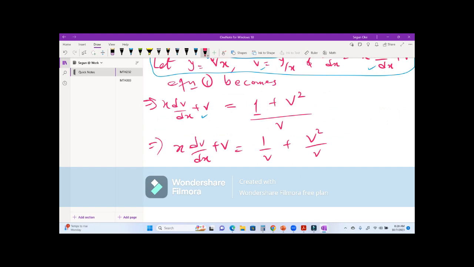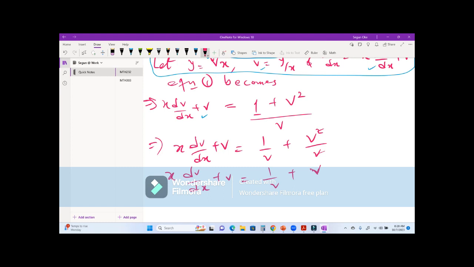It's like you have LCM and you put everything under LCM. Yes, sir. So we have x dv/dx plus v equals 1 all over v plus v.